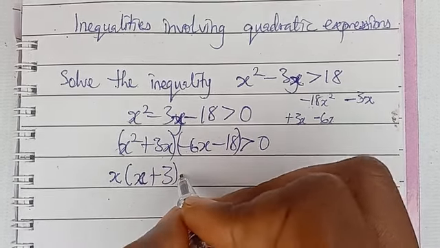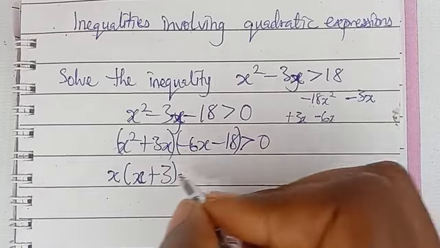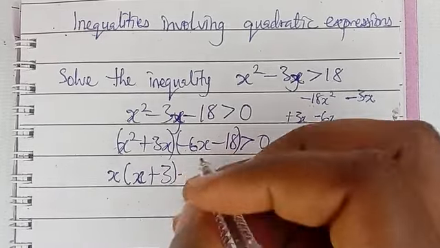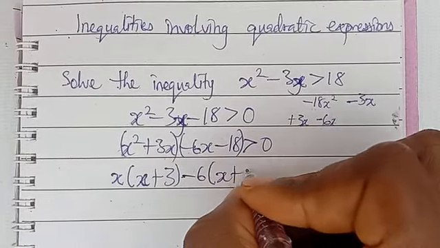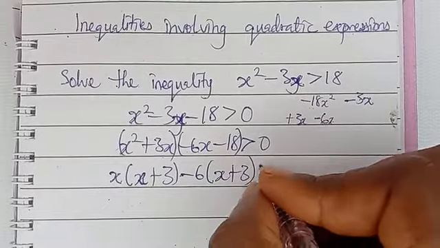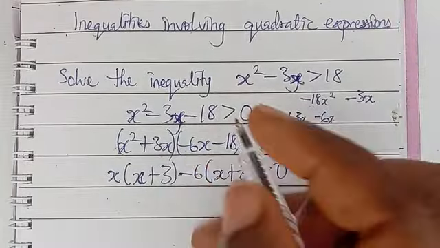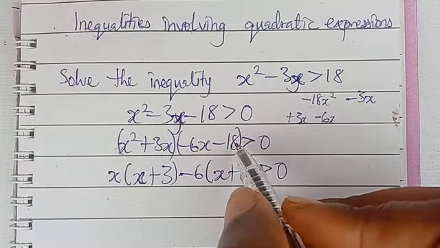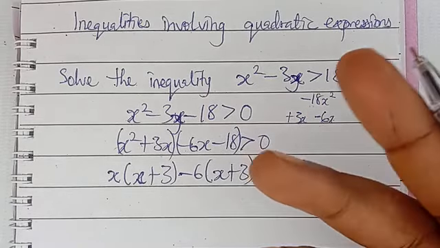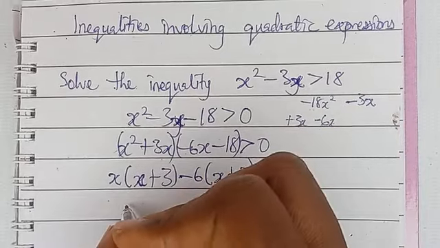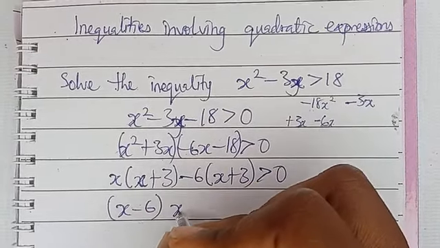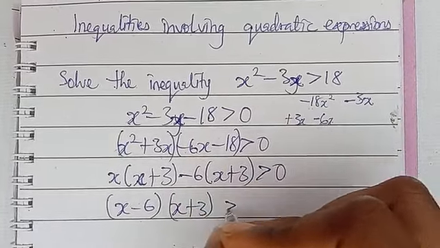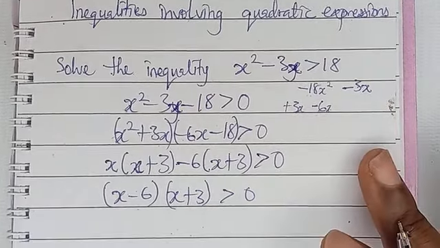Whatever value I get should be outside here. Then I can now repeat these brackets. So minus 6x divided by x is minus 6, right? And then we now have x plus 3. Or you can as well go ahead and do the original thing, which is, what is the common term here, which is minus 6. Okay, so the outside brackets, x minus 6, times x plus 3 is greater than 0.